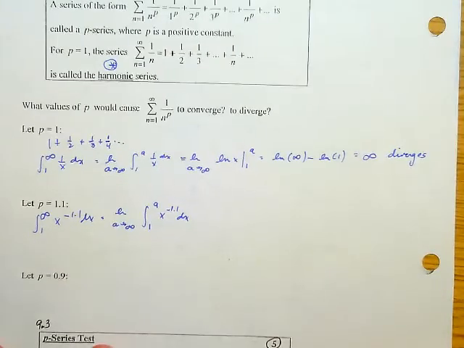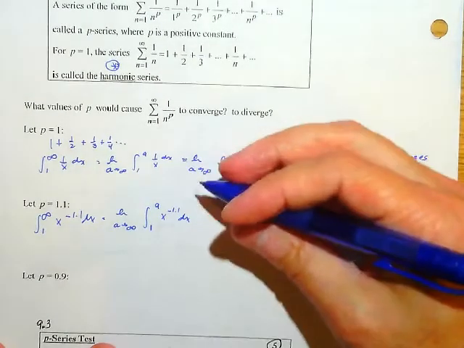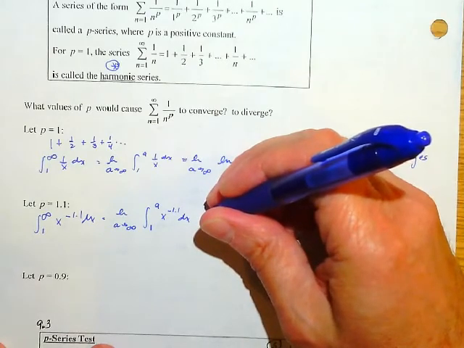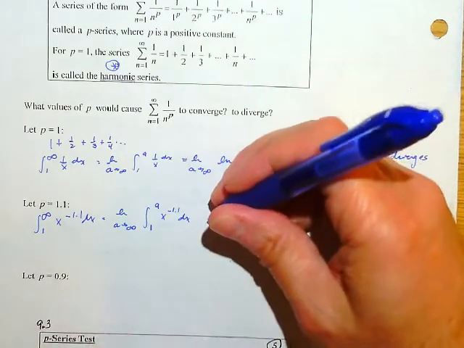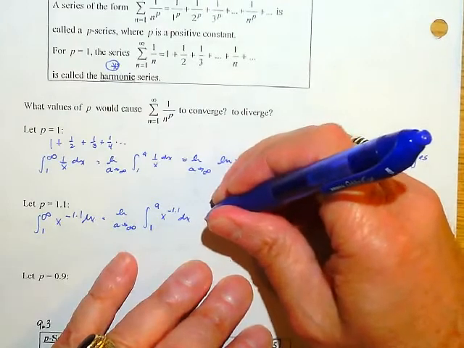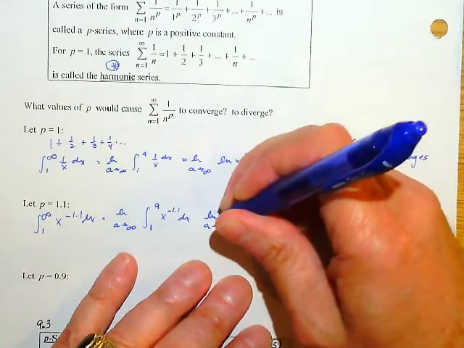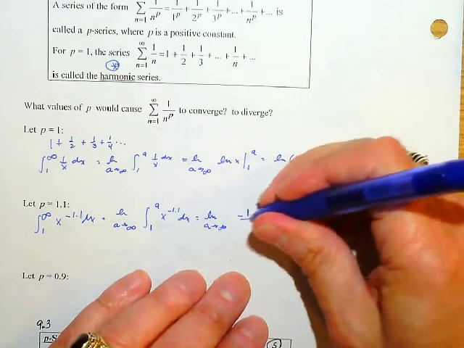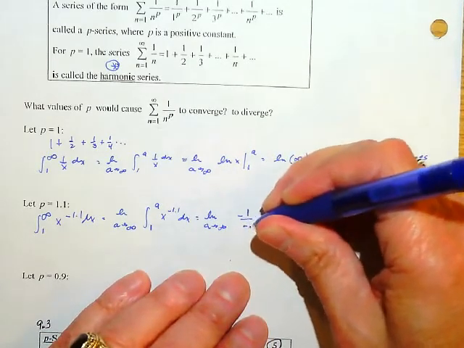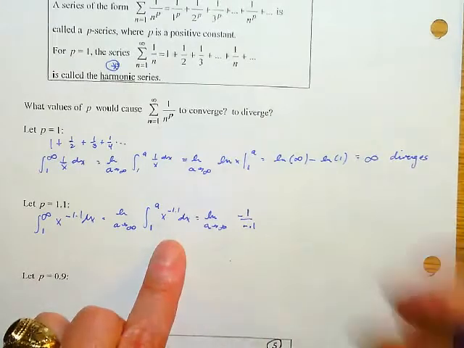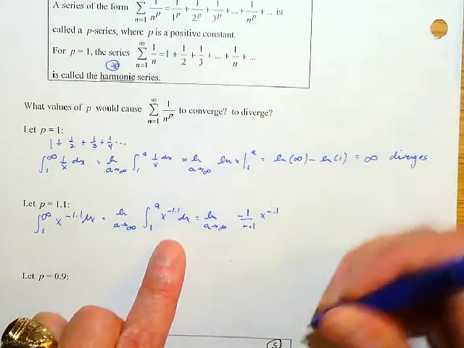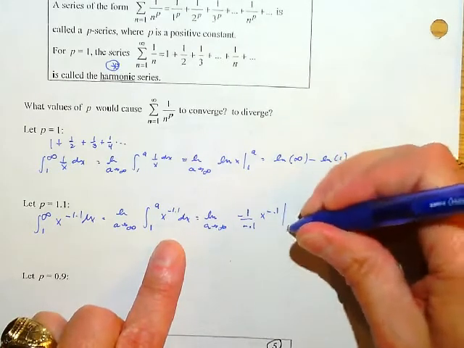All right. Well, if I increase the power, divide by the power, what's your new power? Isn't that going to be the limit as a approaches infinity of negative 1 over negative 0.1, x to the negative 0.1 from 1 to a?